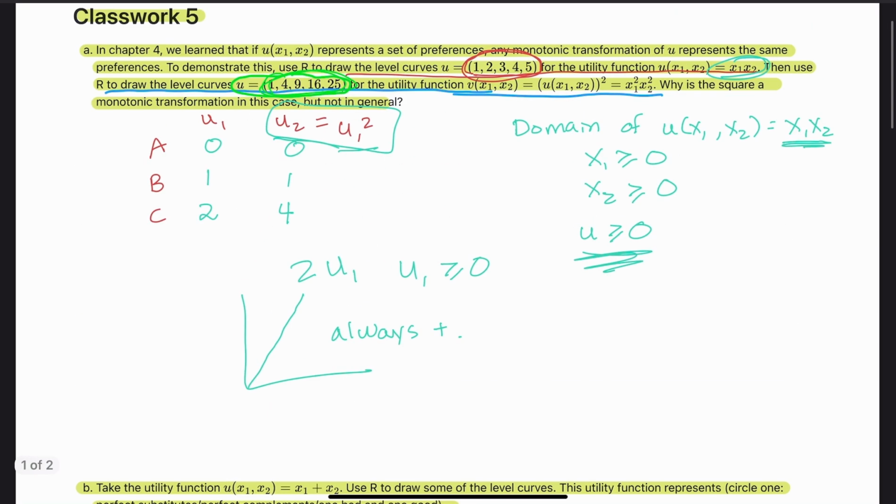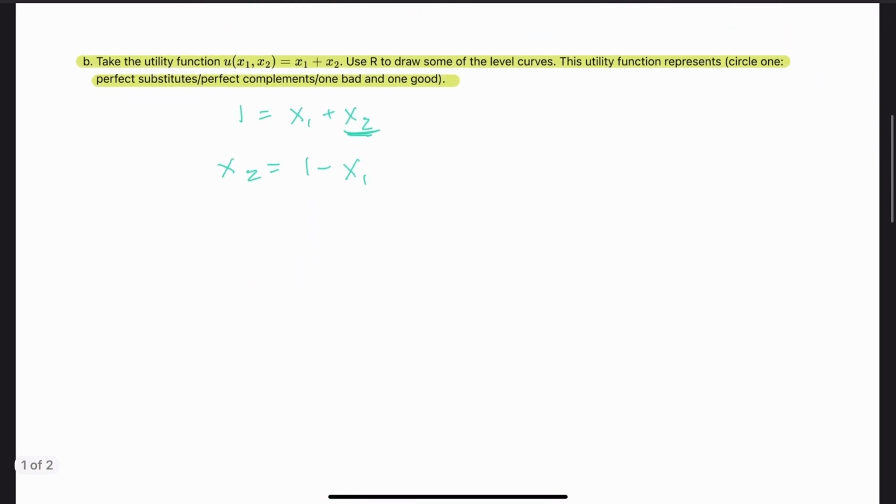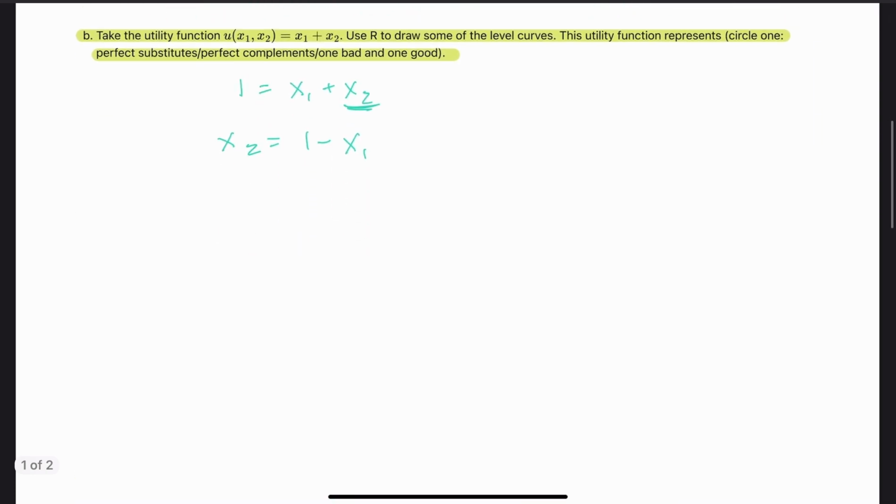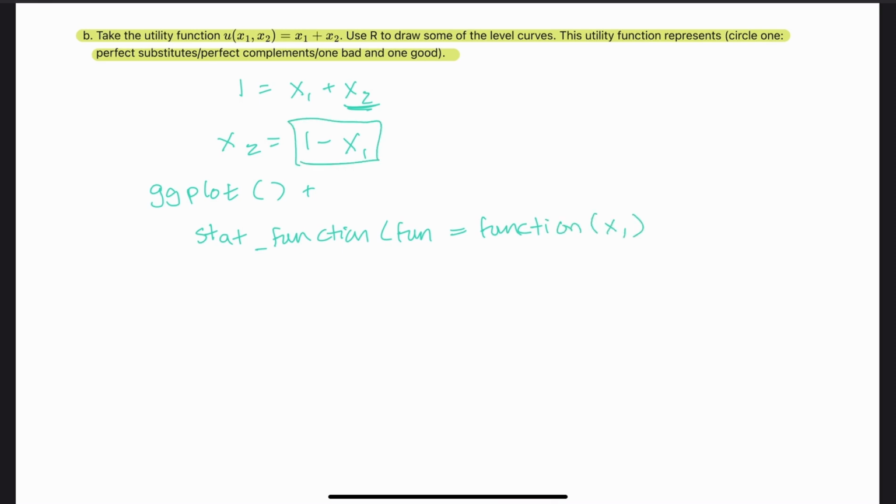And my R code is gone. I don't want to back up so far, so I'll copy it out again. So initiate a blank plot with ggplot. And then use stat_function with fun equals a function that takes an x1, and I want to do this with it.